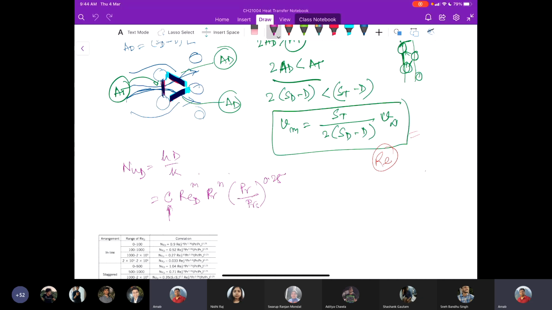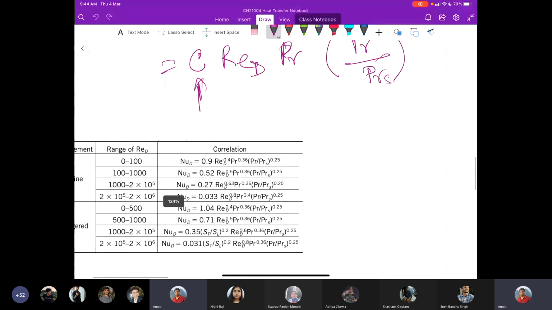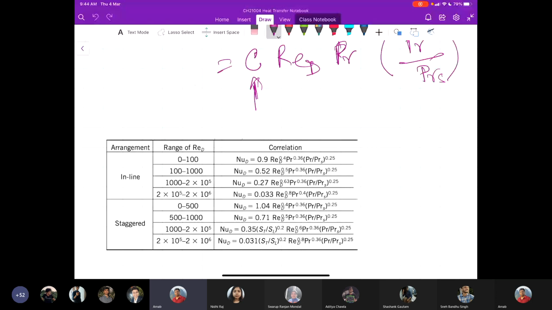There is a variation of Nusselt number with Reynolds number, which is something like this, for inline and staggered arrangements for a range of Reynolds numbers.